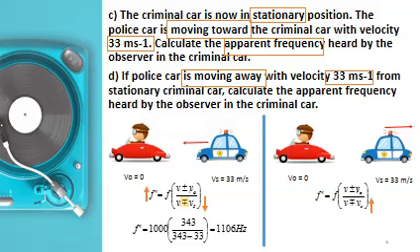To get a lower frequency, the denominator must be larger. To get a larger denominator, your vs must be positive. Substitute the information that you have. Therefore, your f prime now is 920 Hz, which is lesser than 1000 Hz.